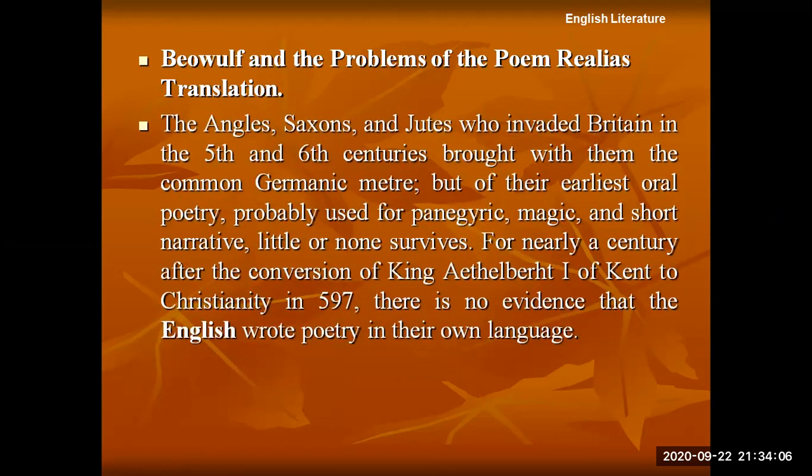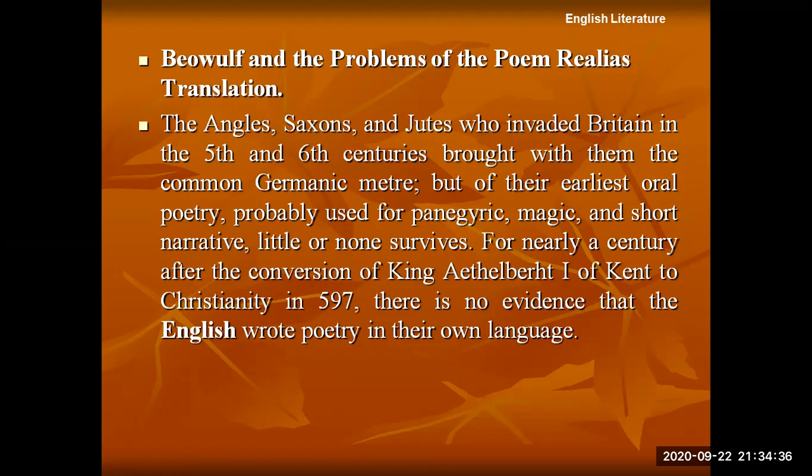Beowulf and the Problems of the Poem's Translation. The Angles, Saxons and Jutes who invaded Britain in the 5th and 6th centuries brought with them the common Germanic meter, but of their earliest oral poetry, probably used for panegyric, magic, and short narrative, little or none survives.